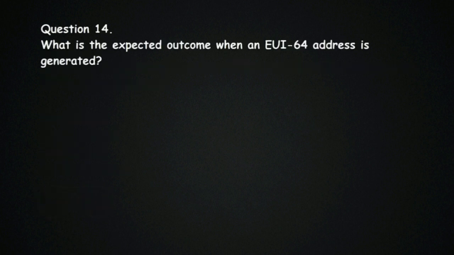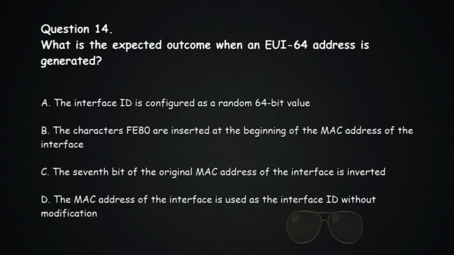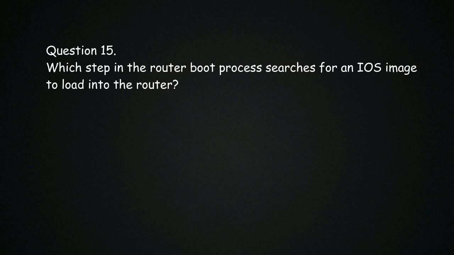Question 14. What is the expected outcome when an EUI-64 address is generated? Answer is C. The 7th bit of the original MAC address of the interface is inverted. Question 15. Which step in the router boot process searches for an IOS image to load into the router?